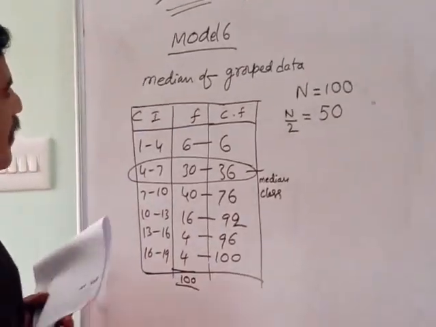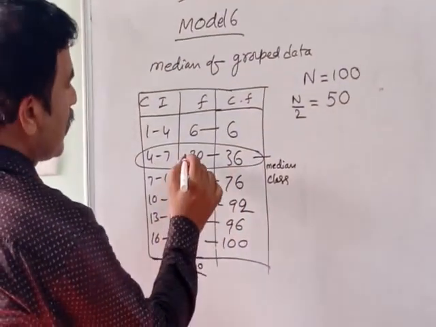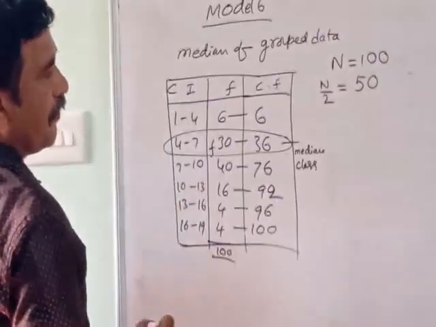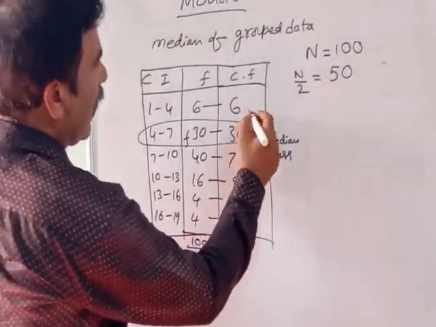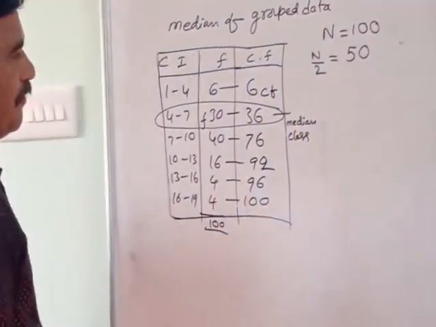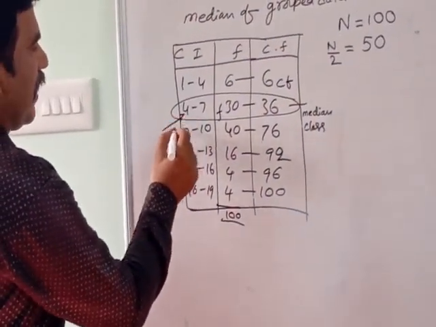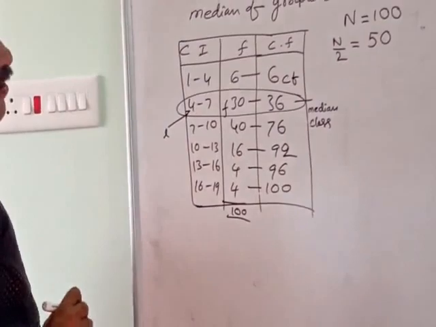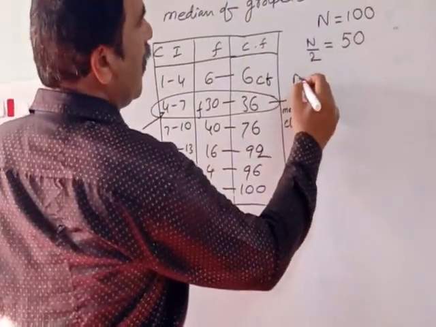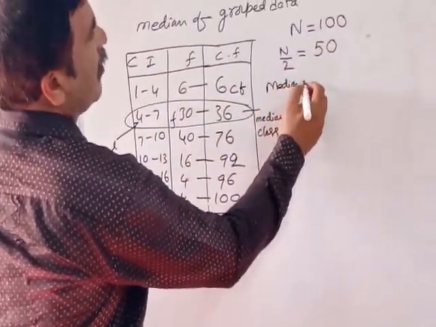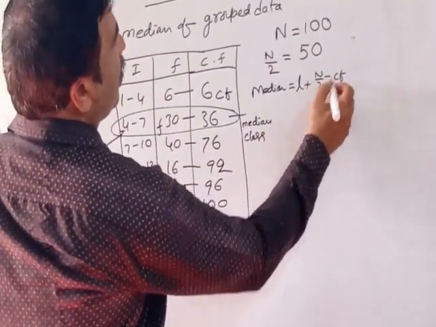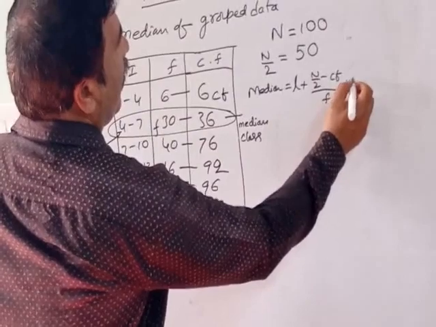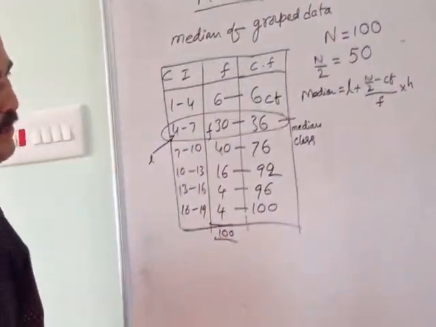The frequency which is in the median class is named as f. The cumulative frequency which is before the median class is Cf. Lower limit of the median class is just L only. Now use the formula: median is equal to L plus (n by 2 minus Cf) by f into h. h is the class size.